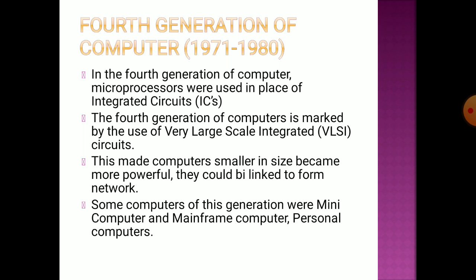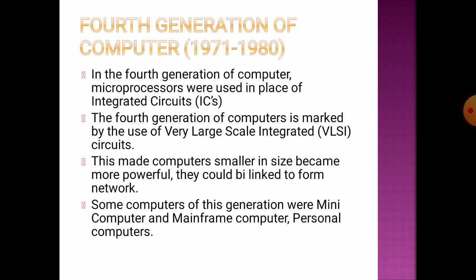So the fourth generation started in the year 1971. It was there till 1980. Here, rather than ICs, we started using microprocessors. In this generation we used very large scale ICs, so the capacity is that on a single silicon chip, more than thousands of ICs are mounted.